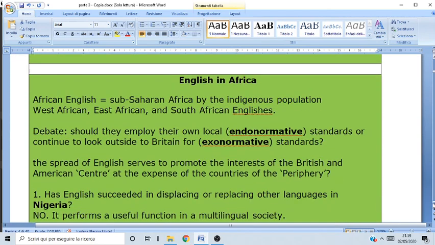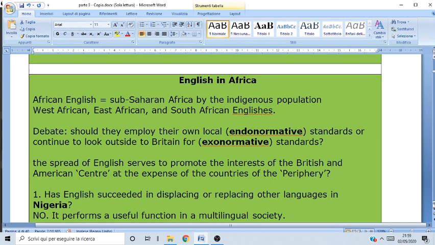So, second topic, we'll start this one and we'll continue it during our next class. Some questions about the status quo of English in Africa. We said that African English includes several different types of English, like the one spoken in West Africa, East Africa, or South Africa. Okay.